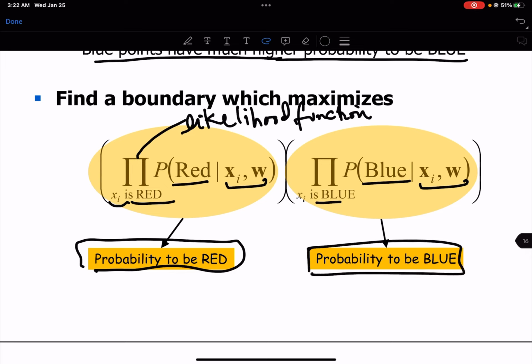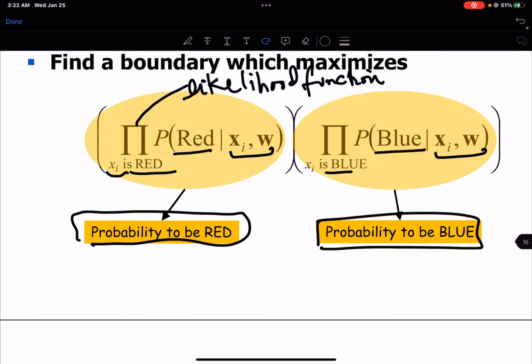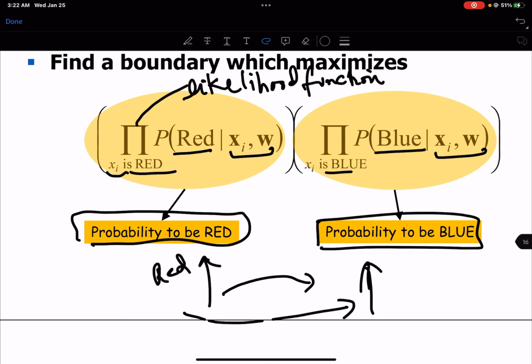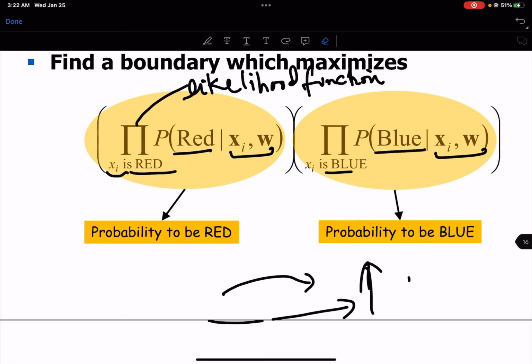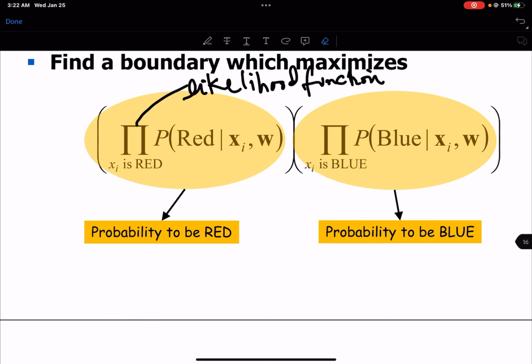In a likelihood function of this type, one event occurring does not affect the occurrence of the other event. So if a point xi comes out to be red, it will have no effect on the rest of the outcomes. The next point can be red or blue. So in this case, the two probabilities we can multiply. The simplest explanation is that you can multiply these two probabilities: the probability to be red and the probability to be blue.